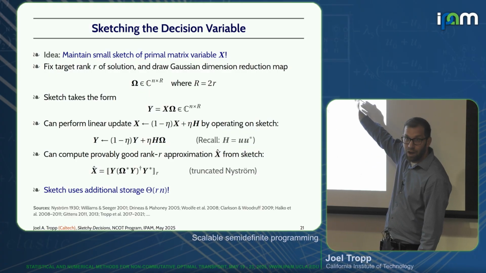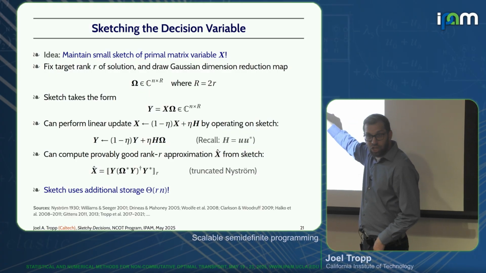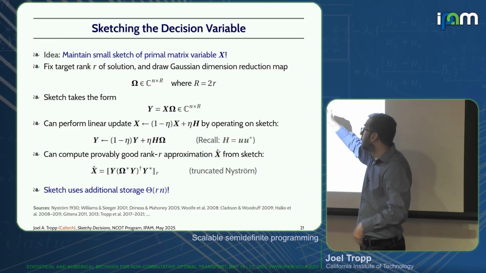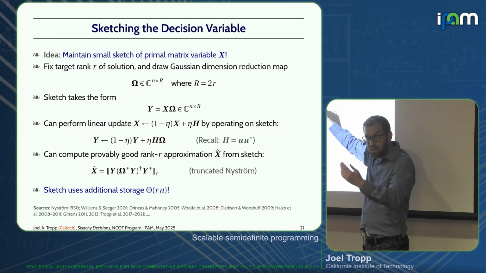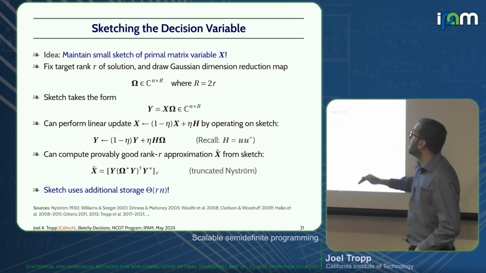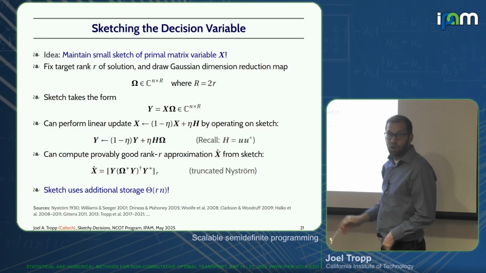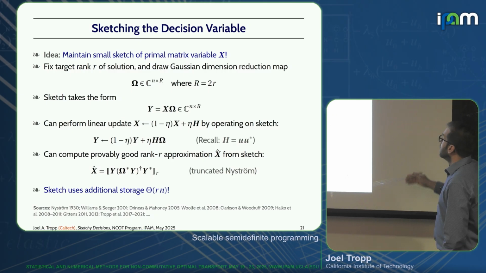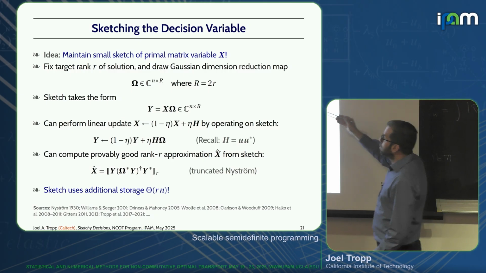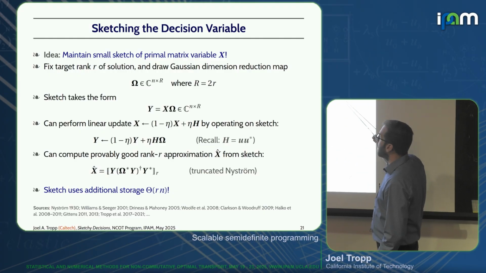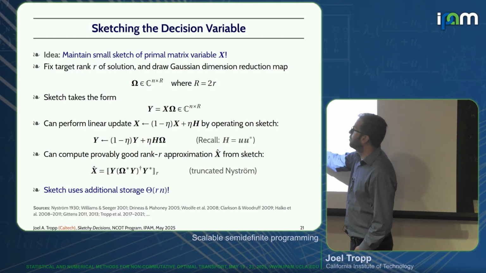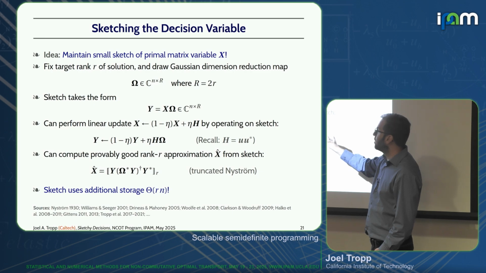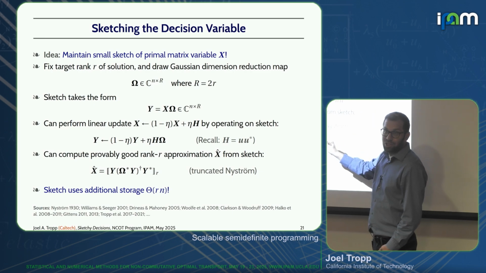So omega is fixed forever. X changes as we run the iteration, and so the sketch of X is going to change as we run the iteration. This random image of the decision variable is all we're going to keep track of. Now, it's clear that we can update the decision variable in this linear fashion by operating on the sketch. If we multiply this linear equation on the right by omega, we get an update for the sketch.